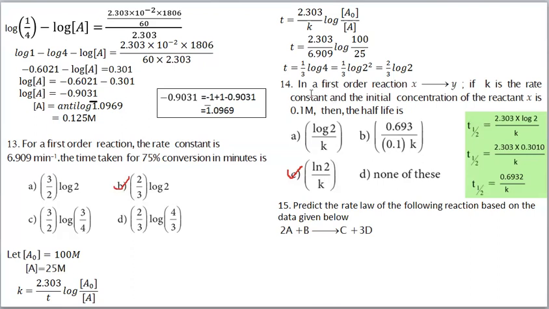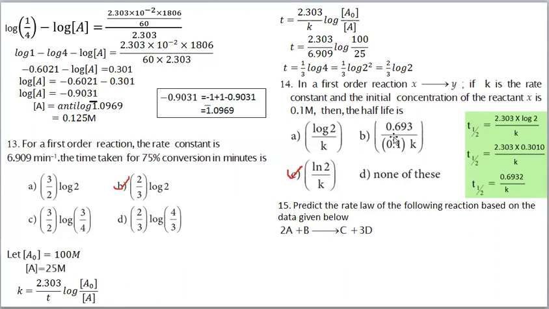Question number 14. For a first order reaction, X gives Y. If K is the rate constant and the initial concentration of the reactant X is 0.1 molarity, then the half-life is?